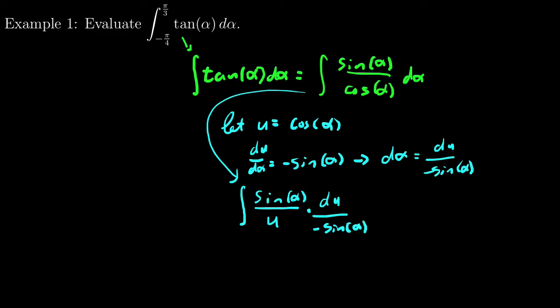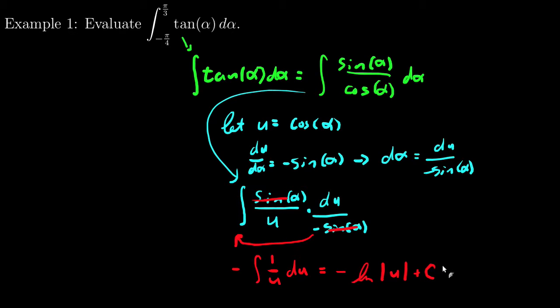The sines cancel. The negative can come out front, and I'll have the negative antiderivative of 1 over u du, which we know is negative natural log of the absolute value of u plus c.